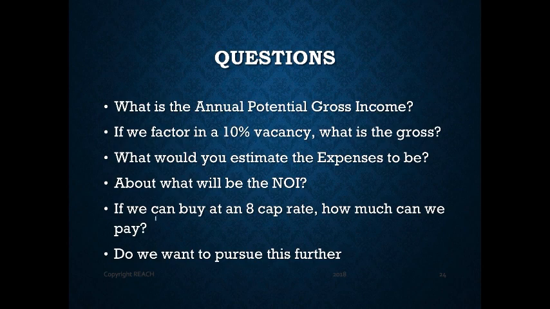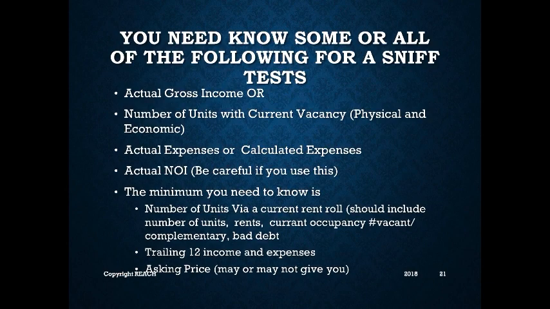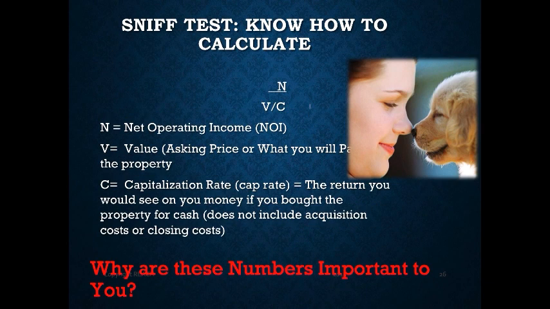All right. So now, if we can buy at an 8 cap rate, how much can we pay? So how do we get there? I take my net operating income. And remember, we said the net operating income, let me see if I can come back up here to my formula. Okay. So my net operating income is $226,800, and I can pay an 8% cap rate.